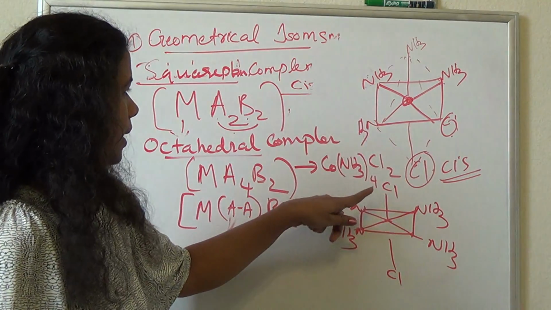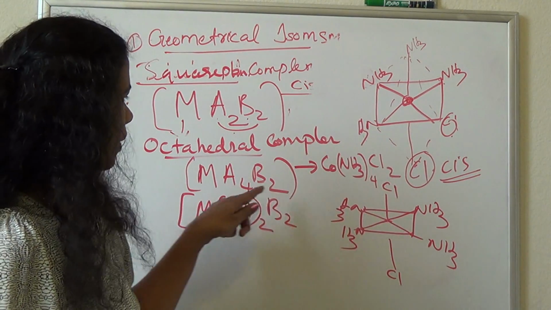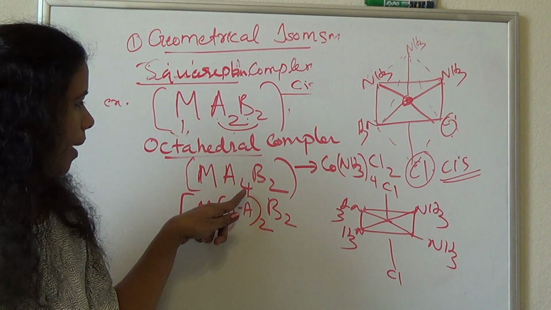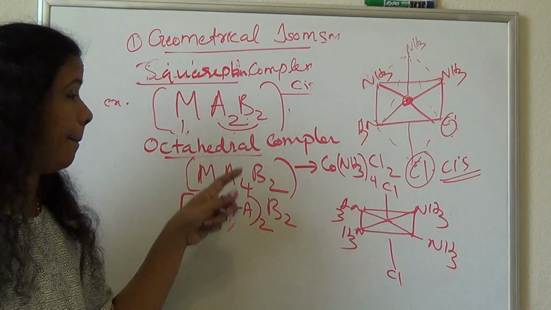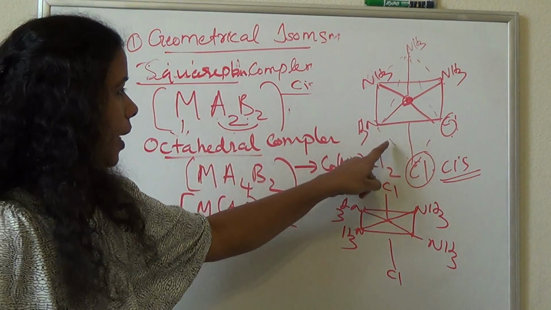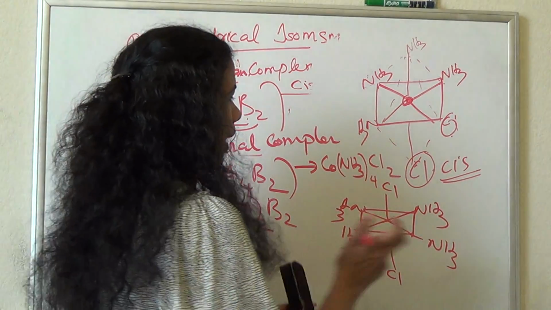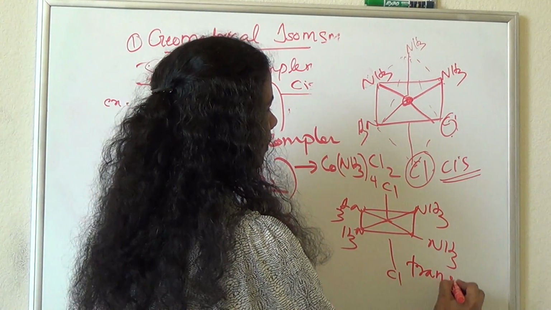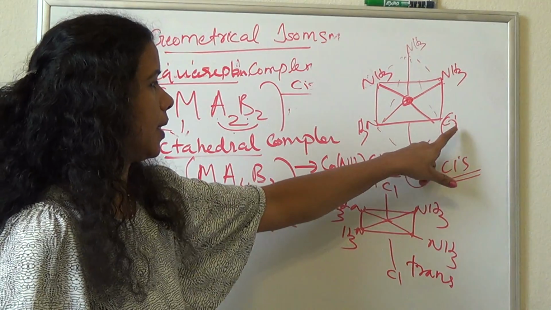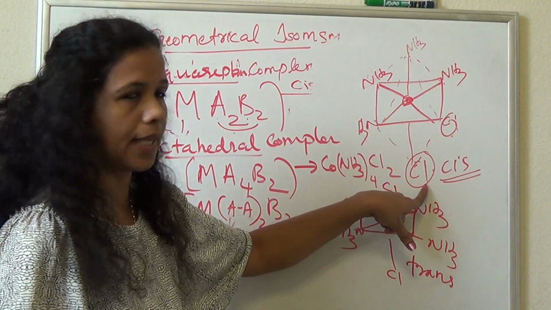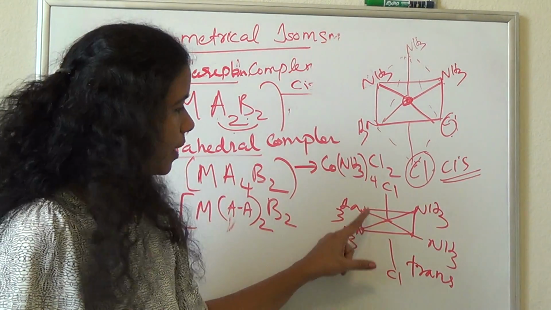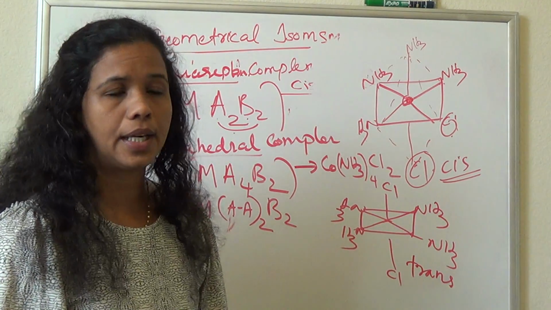So Co(NH3)4Cl2 is an example for Ma4B2. It can show cis and trans isomerism. In cis isomers, the same ligands are on the same side. If the same ligands are on different sides, that is called trans.